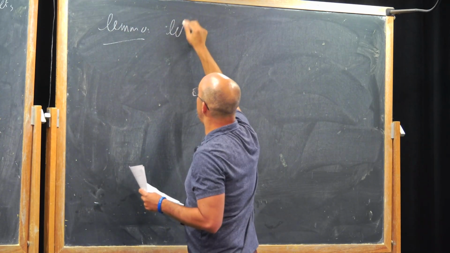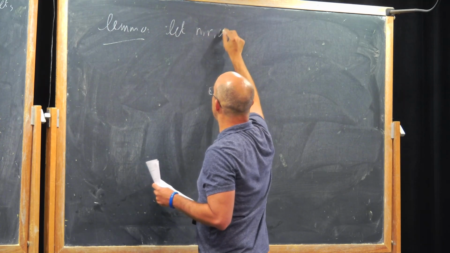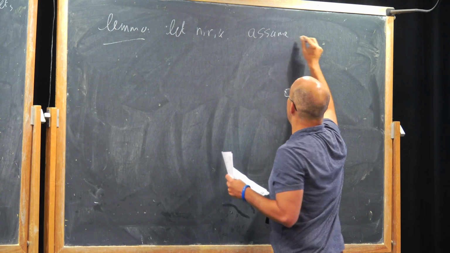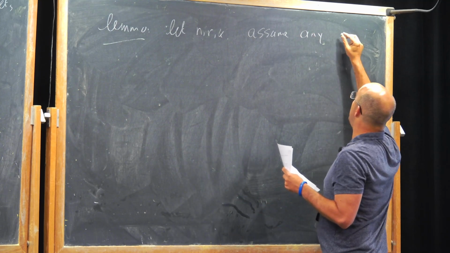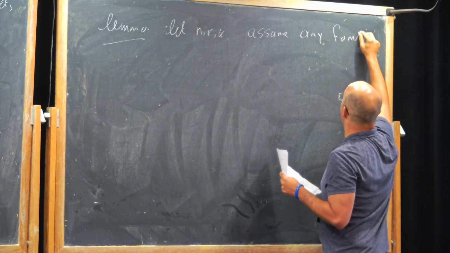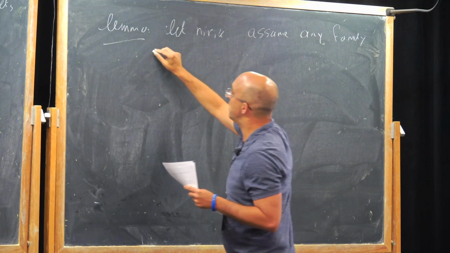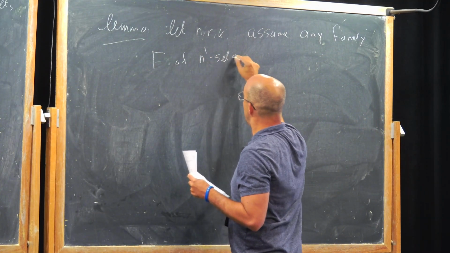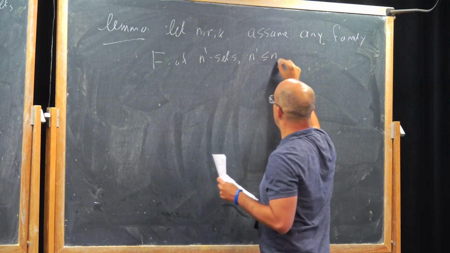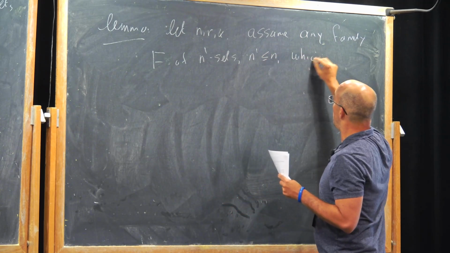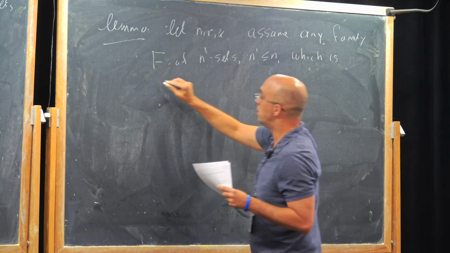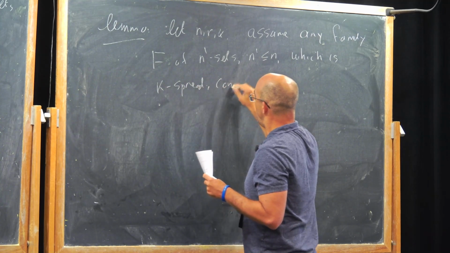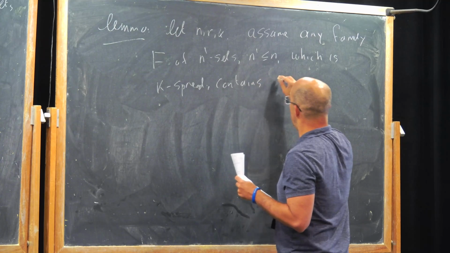So let n, r, and k be some parameters, and assume that any family F of, let's say, n' sets, where n' is something at most n, which is K-spread, contains an r-sunflower.